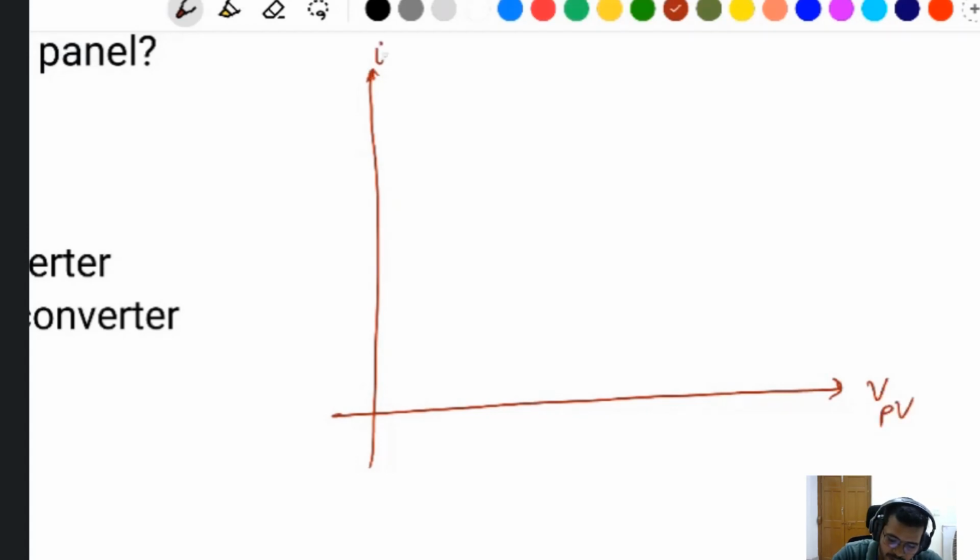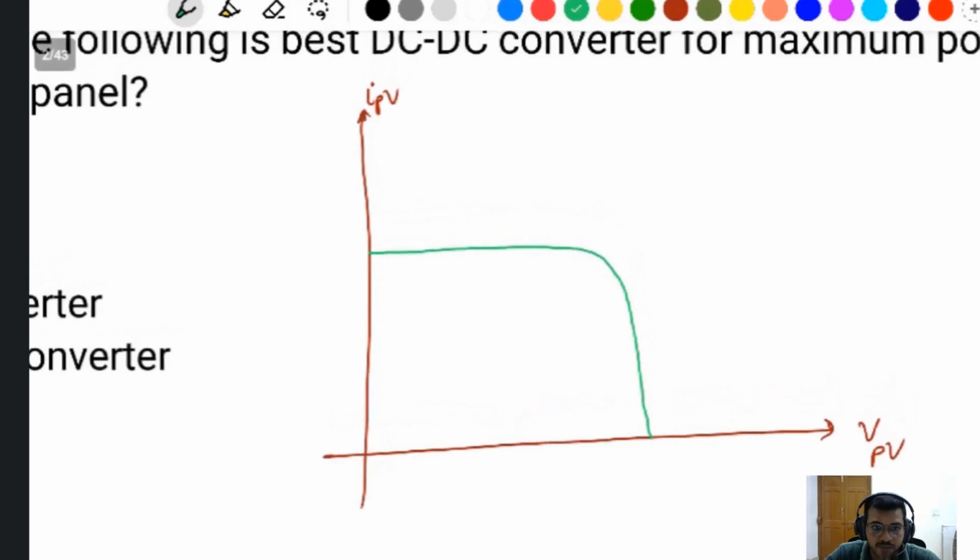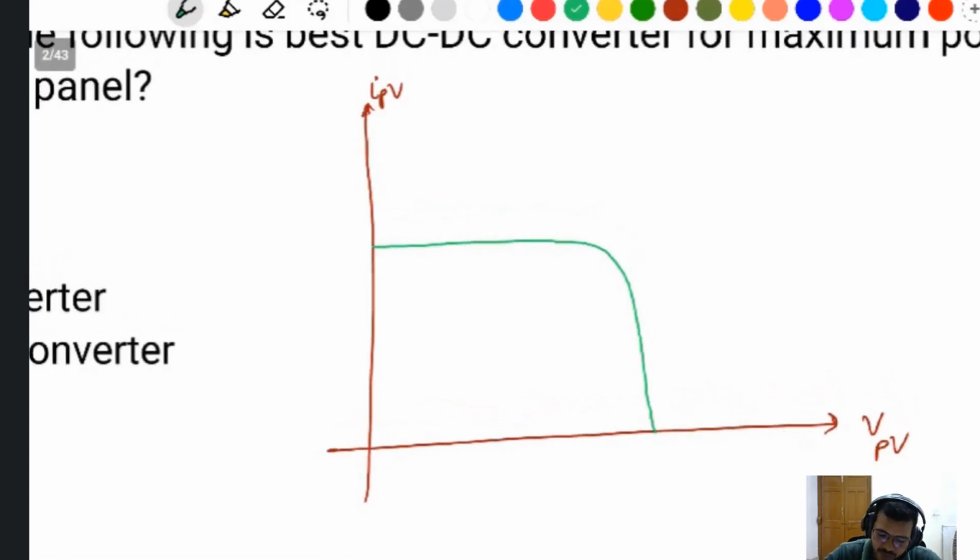VPV, IPV: this is the solar voltage and solar current. You know about the characteristic. The point where you get the maximum power is the maximum power point.